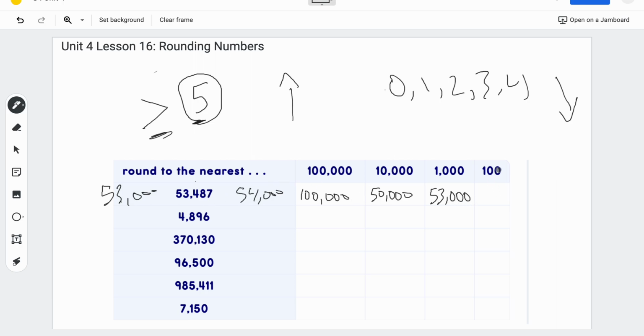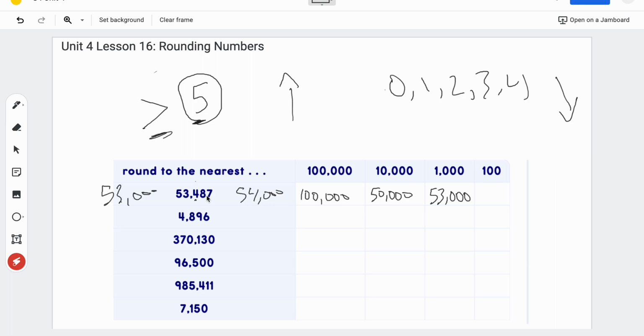This number rounded to the nearest hundred, you go to the hundreds place, you have 400. So I want to know, is this closer to 53,400 or 53,500? Well, look to the digit to the right here. You see an 8. It's more than 5, so we're going to round up.